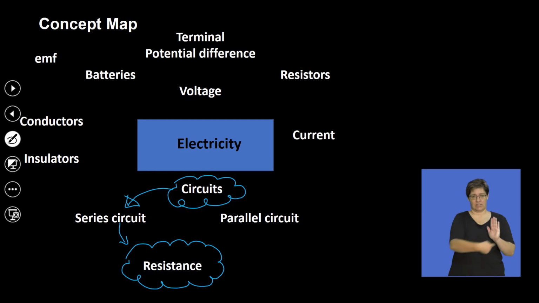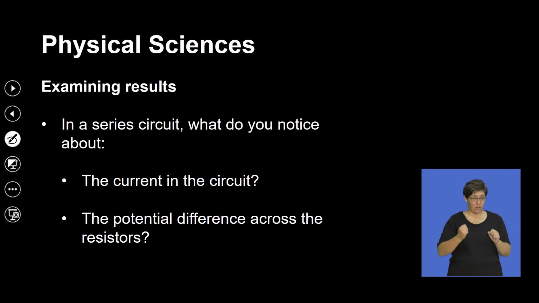Now we want to take a look at how that affects the magnitude of current. In a series circuit, what do we notice about the current in the circuit and the potential difference across it when we add more resistors in series? Because that's the context.